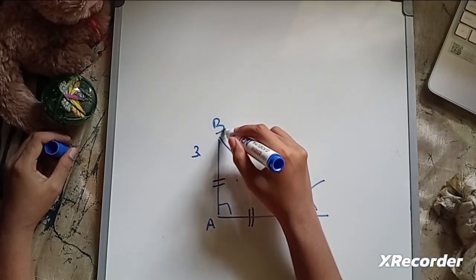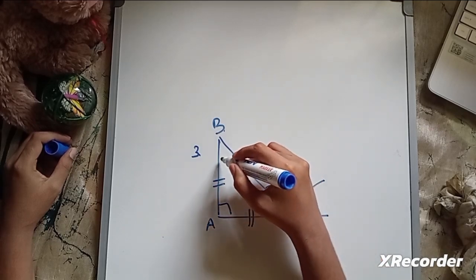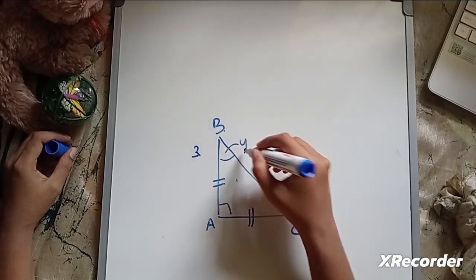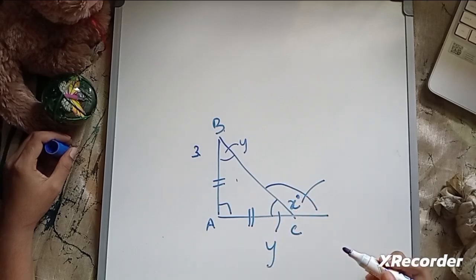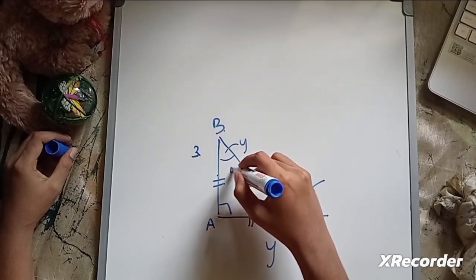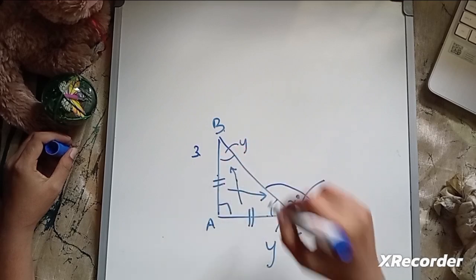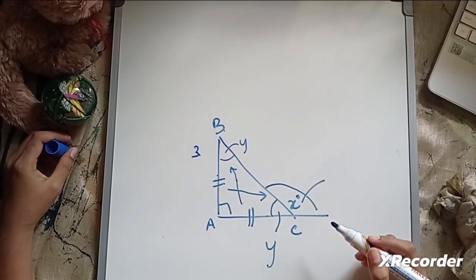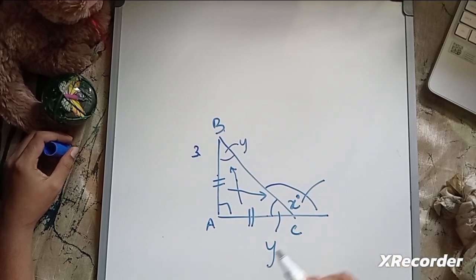Since AB equals AC, we can say these angles are the same, because these two sides are the same, angles opposite to these sides are also the same. So with that theory, we can find the value of y.